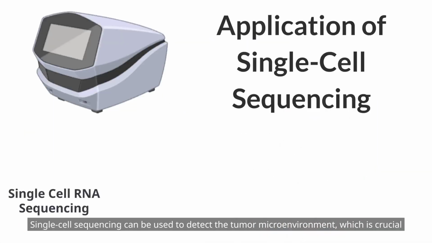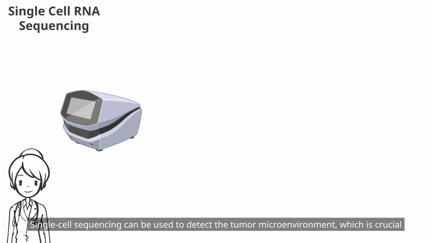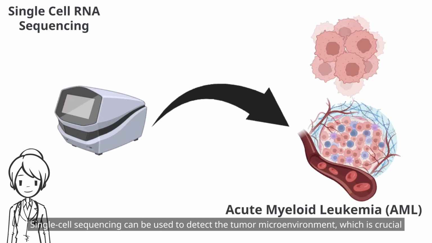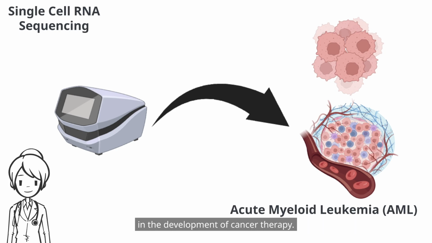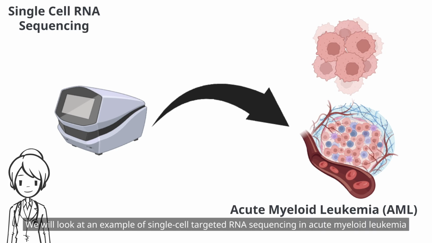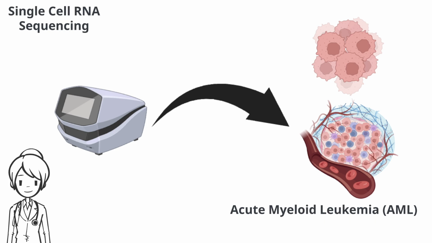Now let's talk about the application of single-cell sequencing. Single-cell sequencing can be used to detect the tumor microenvironment, which is crucial in the development of cancer therapy. We will look at an example of single-cell targeted RNA sequencing in acute myeloid leukemia research.